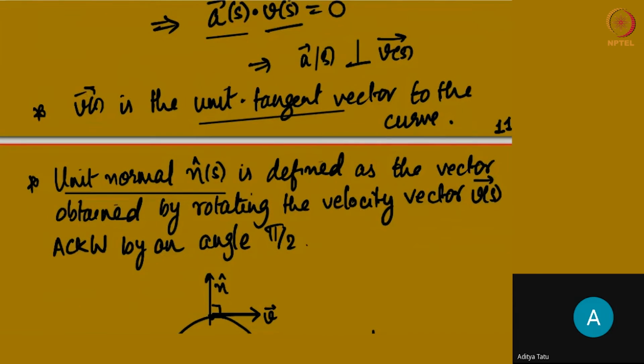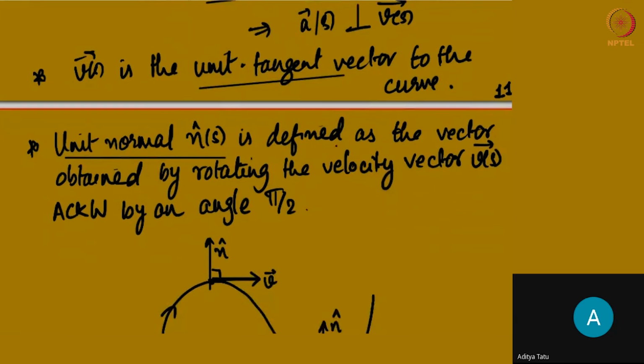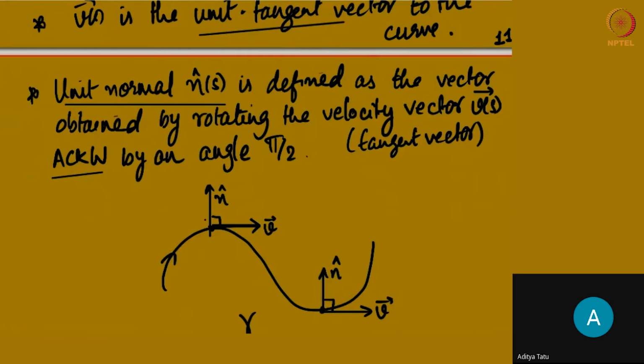Okay, so we define the unit normal as the vector obtained by rotating the velocity vector or the tangent vector anti-clockwise by an angle 90 degrees or an angle pi by 2. So for the same curve at this point, if this is my tangent, rotate it by an angle pi by 2 in an anti-clockwise direction.